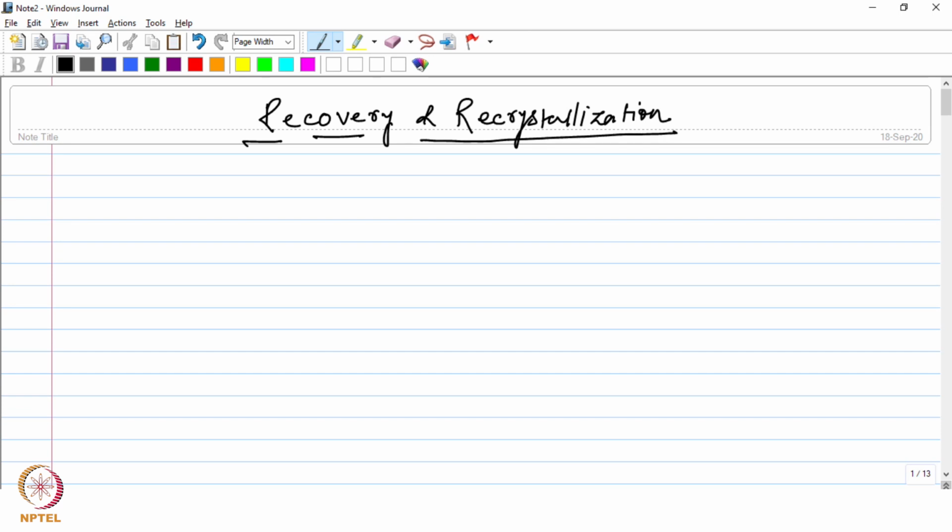Recovery is the process which precedes recrystallization. And in the previous class, we talked about the mechanism of recovery. This basically occurs through the elimination or annihilation of dislocations.